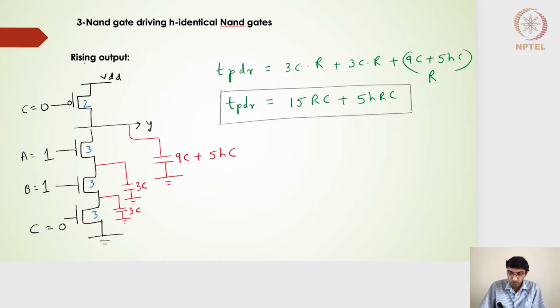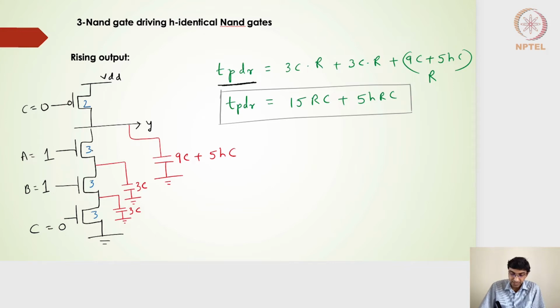Moving forward, what is the propagation delay for the rising output for the same configuration? The 3-input NAND gate driving the H identical NAND gates for the rising output. Again, we will consider the worst case condition: one of the transistors is on, and the other two are off.